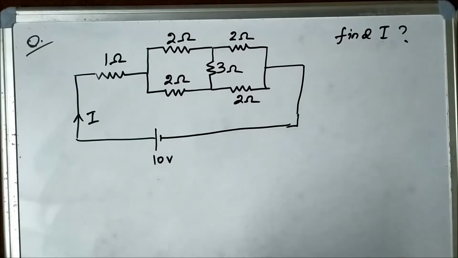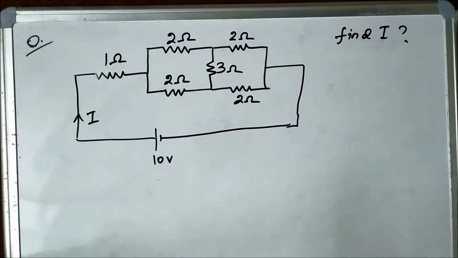You will not be able to find a point where you can start solving the circuit. So you have to use the star to delta or delta to star transformation concept to simplify the circuit.